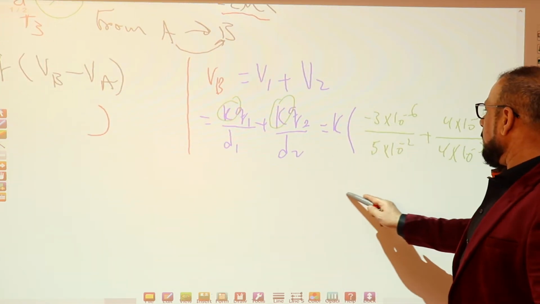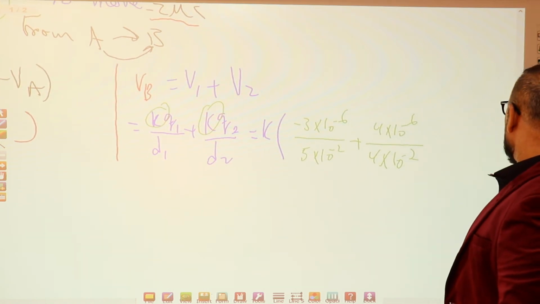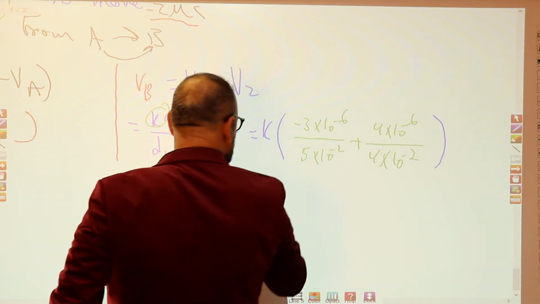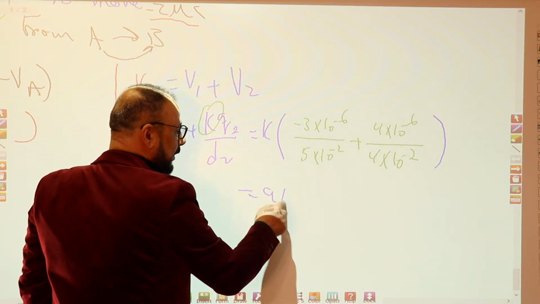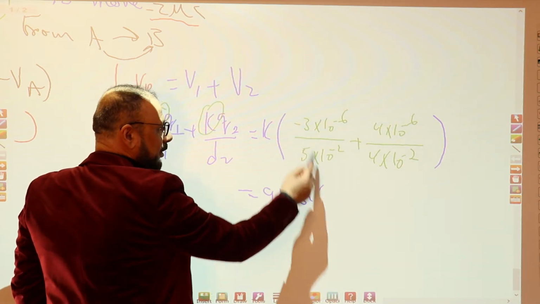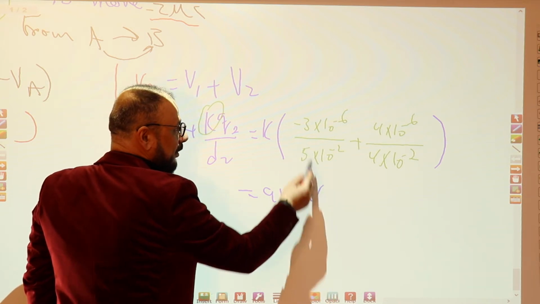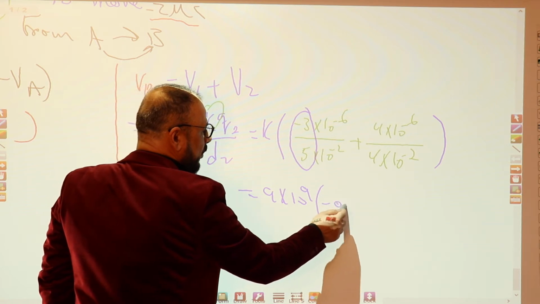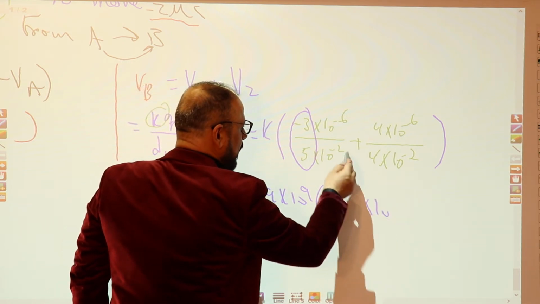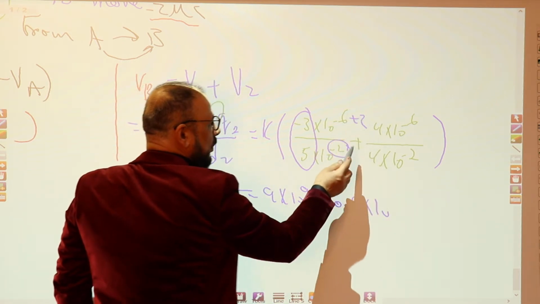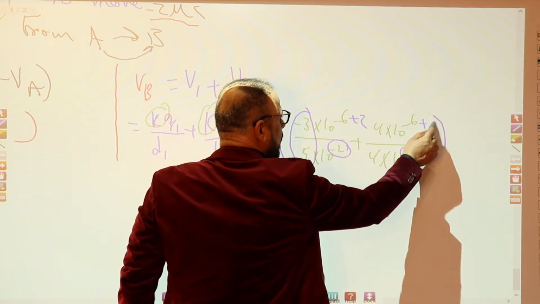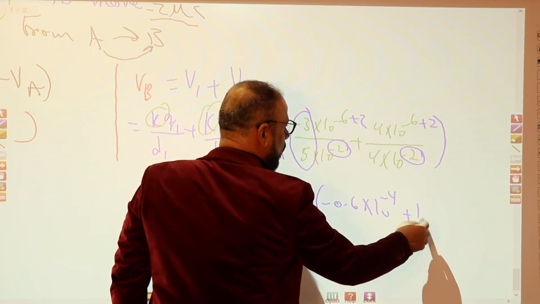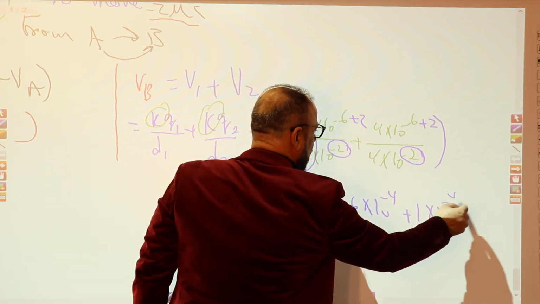Okay. Now let us simplify. This is -3 over 5, leaving K as 9 times 10 to the 9. And -3 over 5, if you use your calculator, is -0.6 times 10 to the -6, and this becomes a +2 when you take it up. And the other one as well, so -4 plus 1 times 10 to the -4.